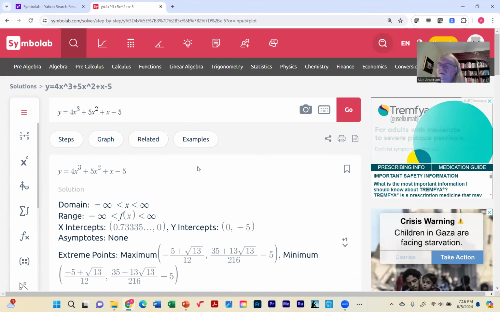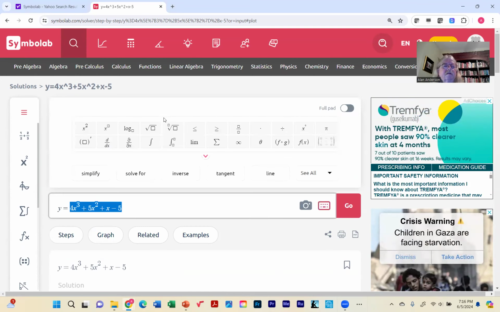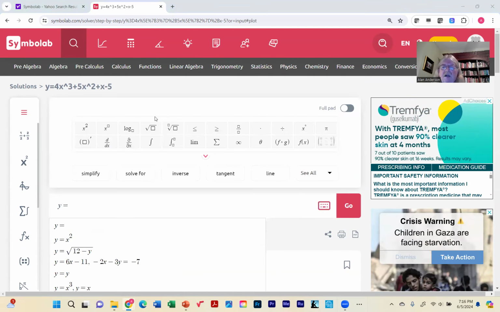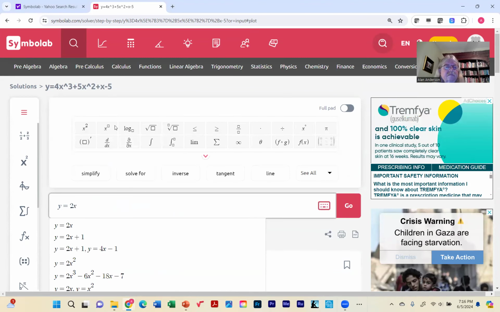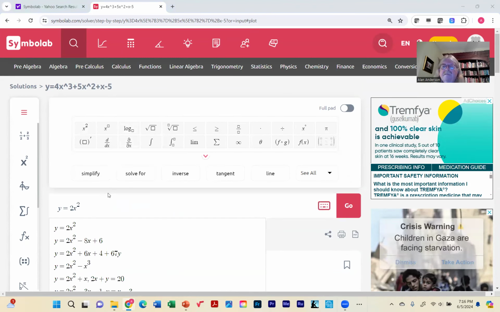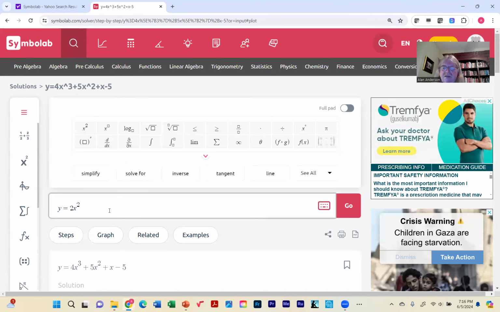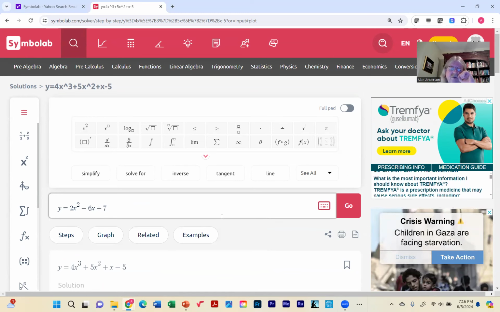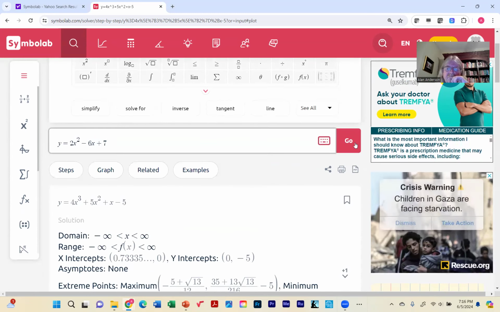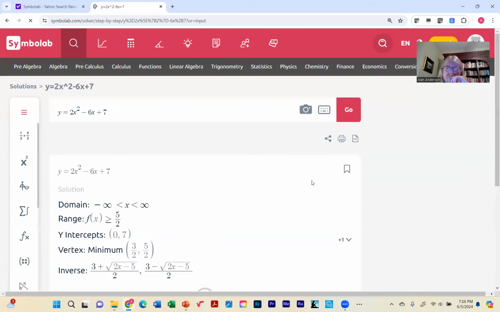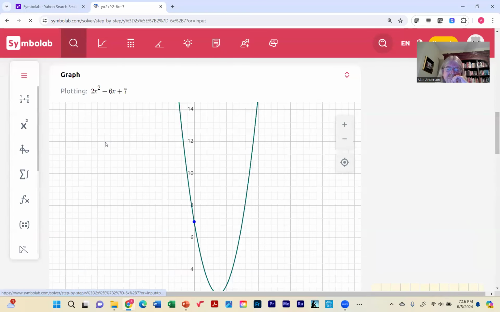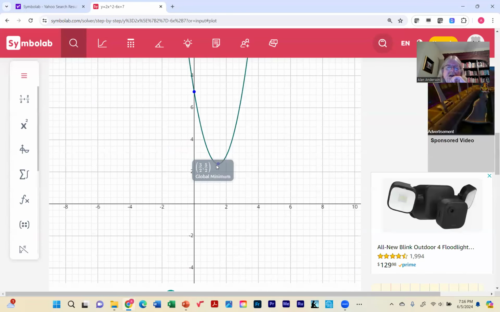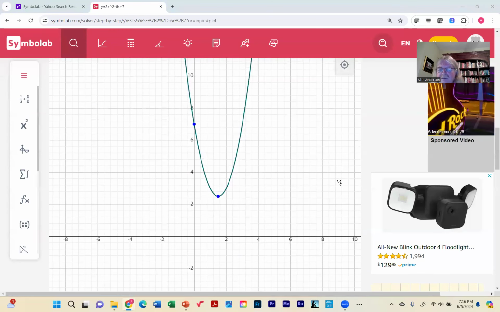All right, here we go. Let's do this. 2x squared minus 6x plus 7. All right, I just want you to be able to see very clearly where the vertex is. Oh man, my graph was way off. Oh my God, I really did a terrible job of this.